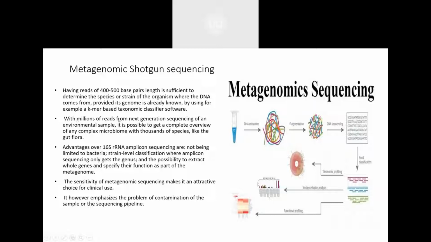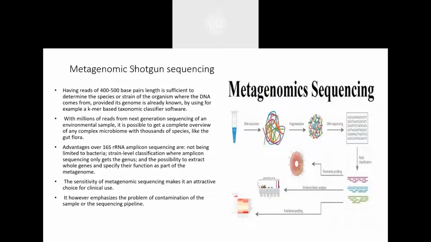With millions of reads from next generation sequencing or NGS of an environmental sample, it is possible to get a complete overview of any complex microbiome with thousands of species like the gut flora. Advantages over 16S rRNA amplicon sequencing: so how is this metagenomic shotgun sequencing advantageous over 16S rRNA amplicon sequencing?